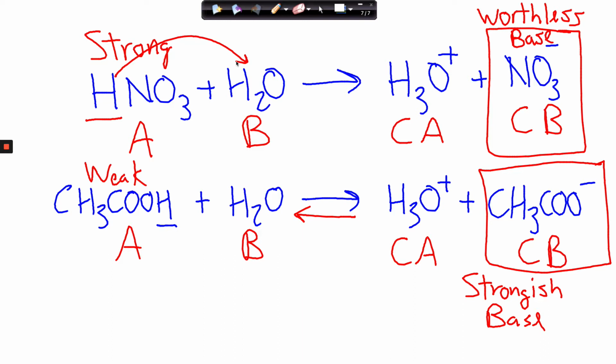And it turns into hydronium ion. And then the other thing that's produced is nitrate. But nitrate is a worthless base. Nitrate does not have the ability to take the proton back from the water, so nitrate just hangs out on its own. It never steals the proton back, so the reaction never goes in the other direction.